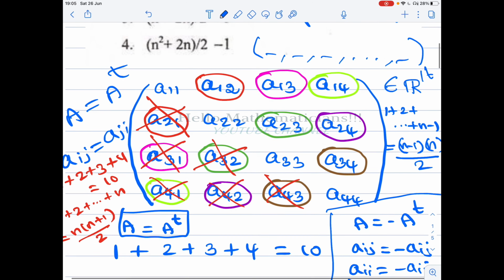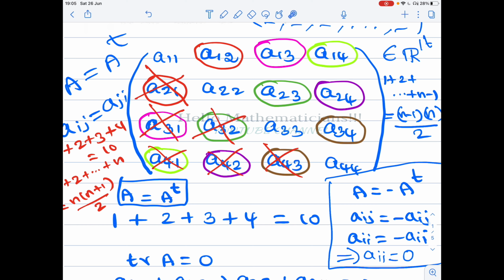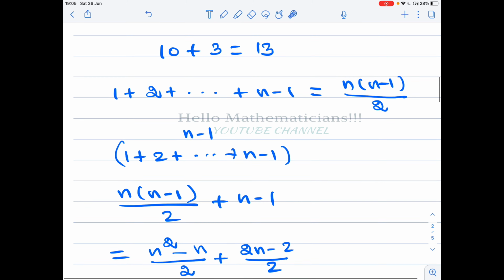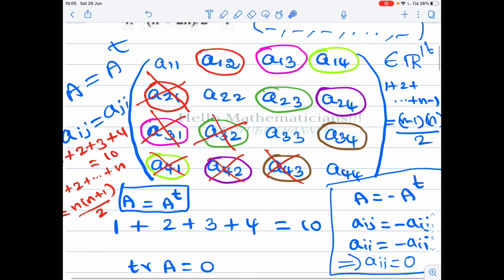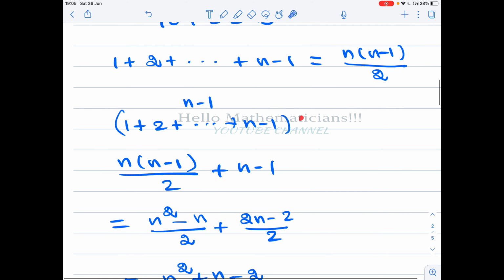Why? This corresponds to the off diagonals. If it is a symmetric matrix, all these off diagonal entries above the diagonal are free variables. For them we are getting 1 plus 2 plus etc. plus n minus 1. In the diagonal we are getting only n minus 1 independent, so plus n minus 1.